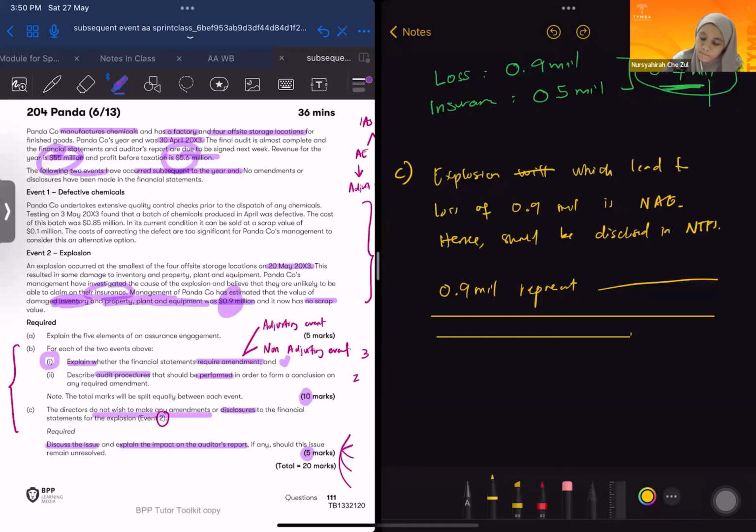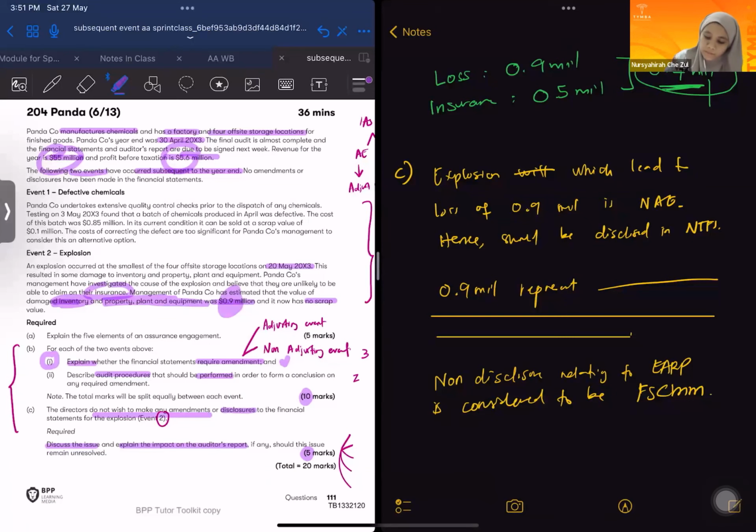Then, non-disclosure relating to events after the reporting period is considered to be financial statements containing material misstatement.